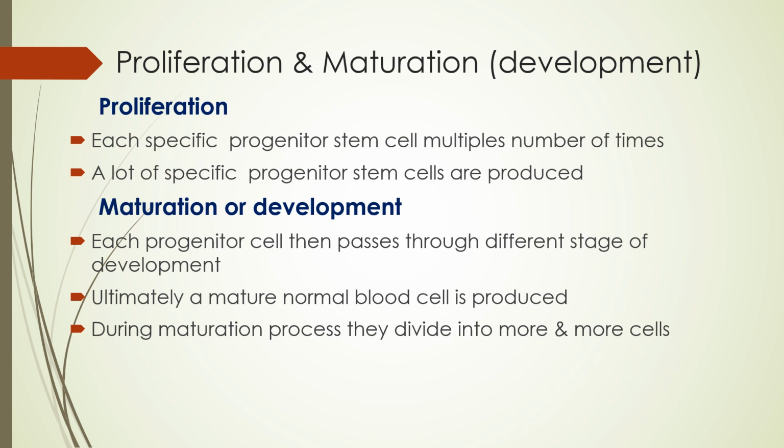This myelocyte is also called the functional stem cell. One myelocyte will multiply into a number of myelocytes. Now just imagine how a single myeloblast has produced so many myelocytes. These myelocytes then develop into metamyelocytes. At this time, multiplication will stop and each metamyelocyte will develop into a single neutrophil.